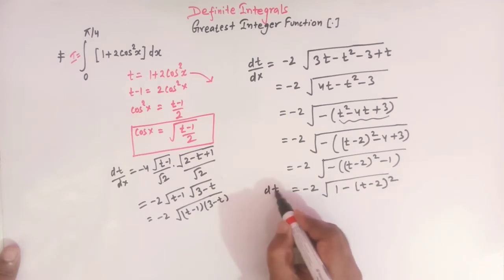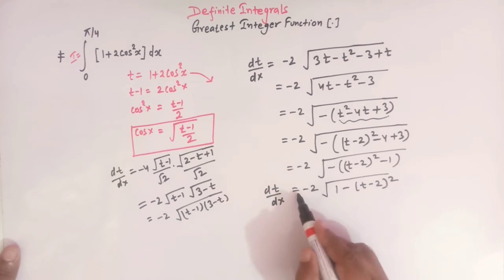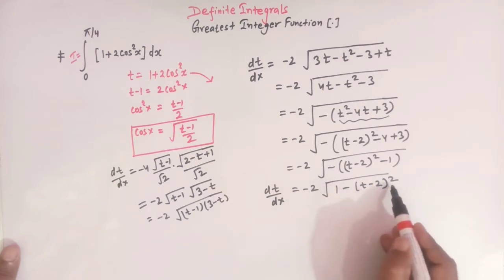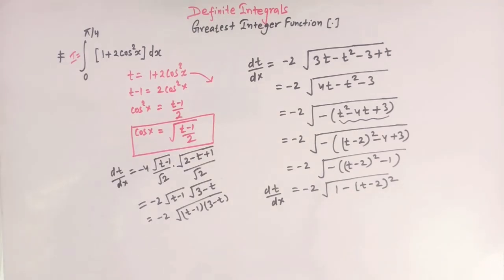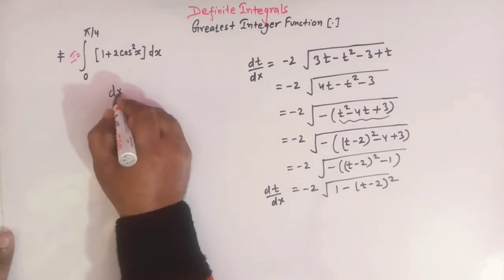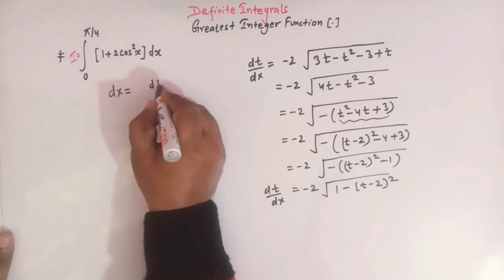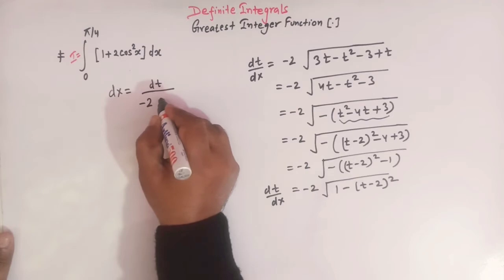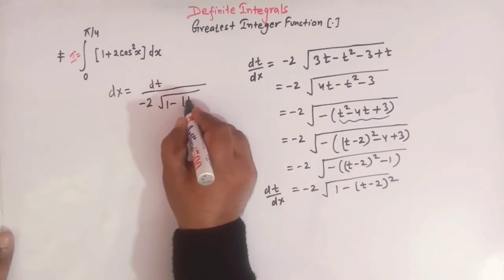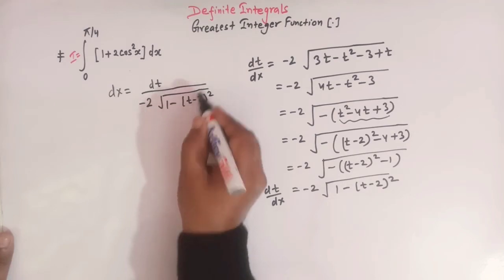So now dt over dx is equal to minus 2 times square root of 1 minus t minus 2 whole square. So viewers, now we can write the value of dx as dt over minus 2 times square root of 1 minus t minus 2 square, right?